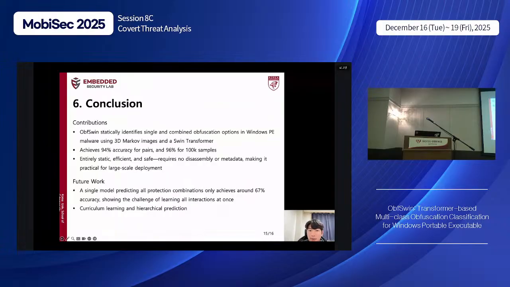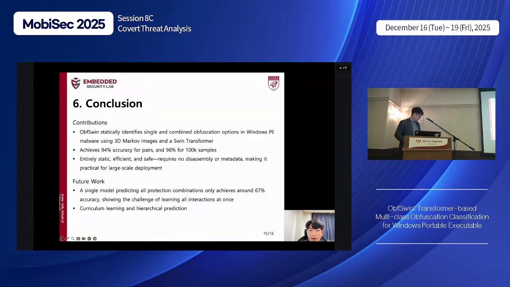To conclude, let me summarize the contributions and discuss future work. In this study, we proposed a static framework for identifying multi-option obfuscation applied to Windows PE binaries. We introduced the 3D Markov image representation derived from byte-level transitions, combined with a Swin transformer for classification.